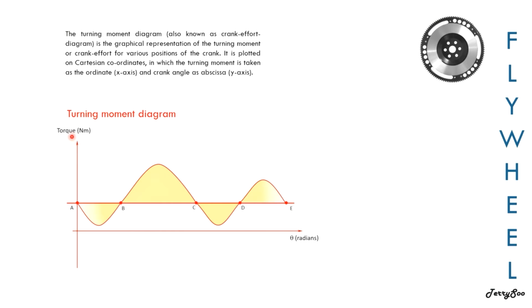Since work done is equal to the product T theta, the area of the T theta diagram is actually equal to the work done per revolution, if you are measuring it based on one revolution. Any area that is shaded here represents the amount of energy that is required by the engine, or to be delivered to the engine.